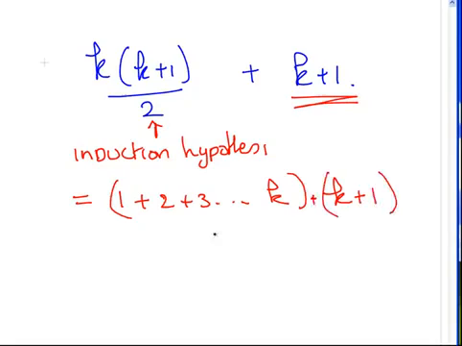So essentially, the hypothesis holds for n equals k plus 1. Does that work? Yeah, it does. It's consistent with the induction hypothesis. So that is it done. That's our exercise done. Okay, that's it. Induction hypothesis.